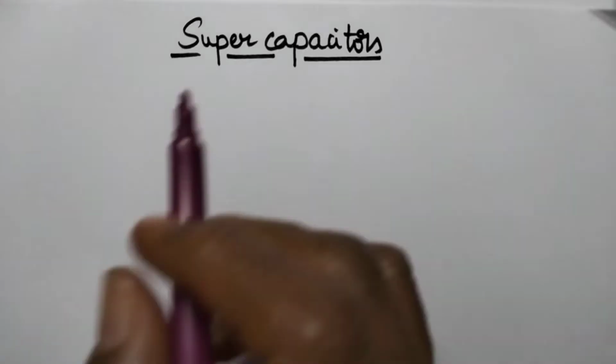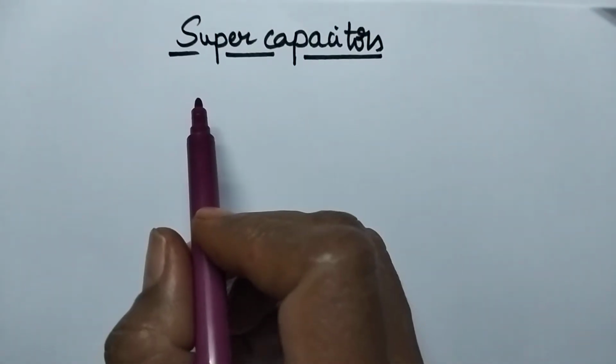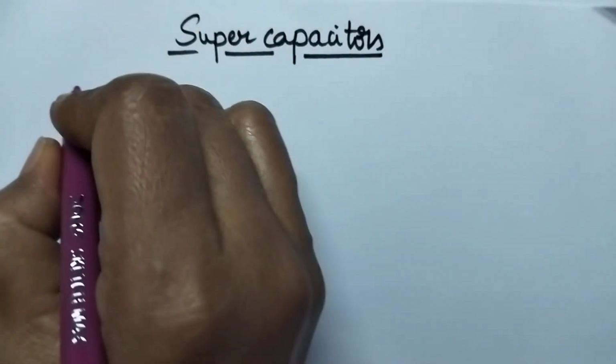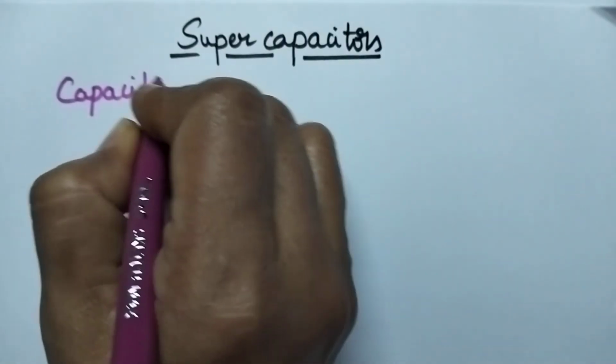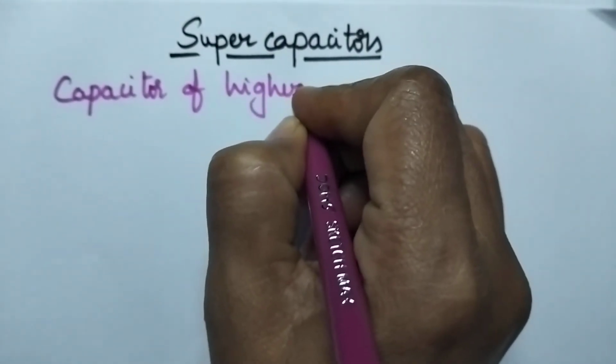In this video I am going to discuss in brief about supercapacitors. A supercapacitor can be defined as a capacitor of high capacitance with low voltage limits and high power density.